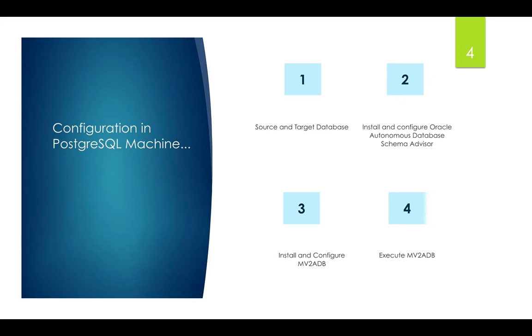The second step is how to install and configure the Oracle Autonomous Database Schema Advisor. Schema Advisor is a tool we can run. It gives you guidance on which objects will be transferred and which will not, what the pre and post actions should be, and an overview of what to expect during this migration.